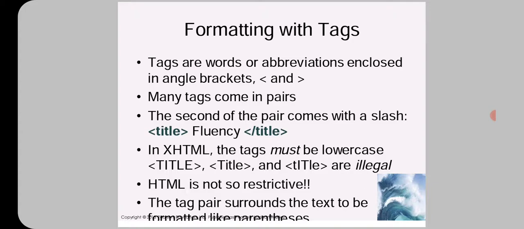Singular tags have only one tag, and the double tags have two tags, one for opening and another for closing. The closing tag is written with a slash. The second of the pair comes with a slash.